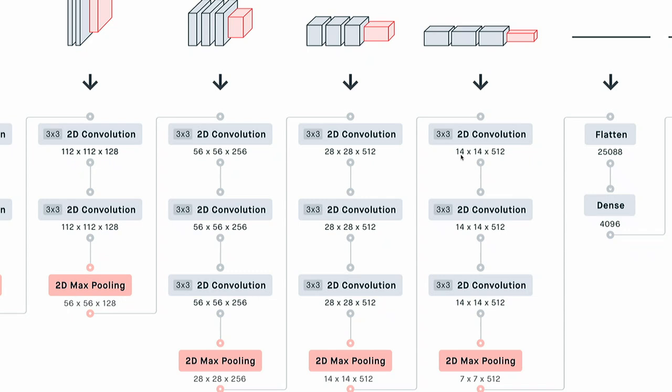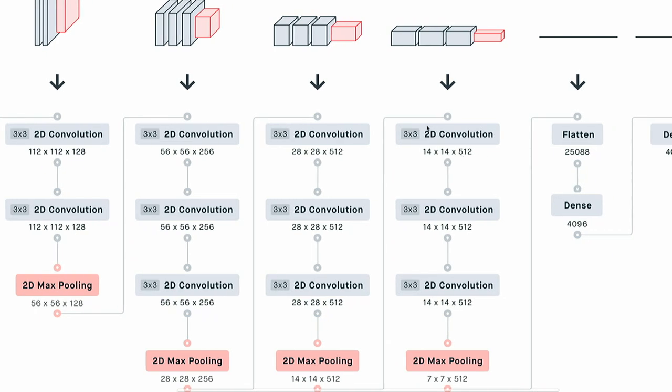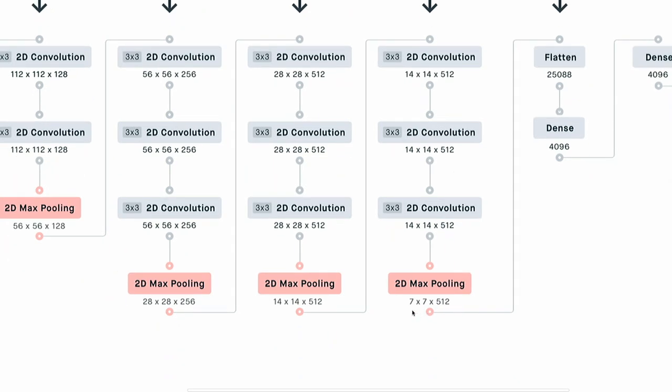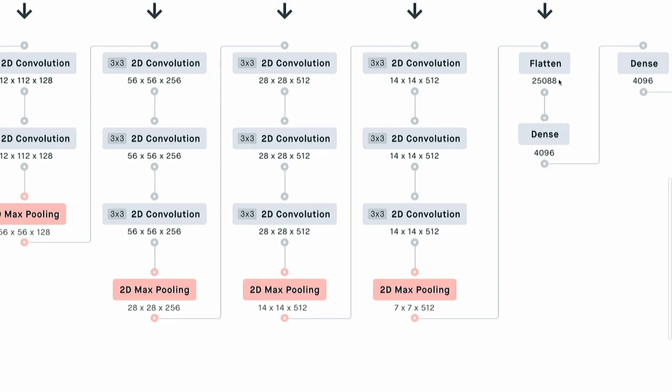So that's it. So you're going to get these 14 by 14 maps, and finally you even do one other pooling on that, so you're going to end up with 7 by 7, so it's 49 different values in every single map, but you have 512 of them. And now you flatten them. So this number, what is it?